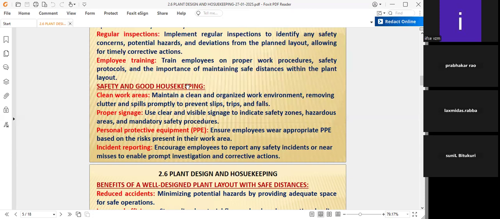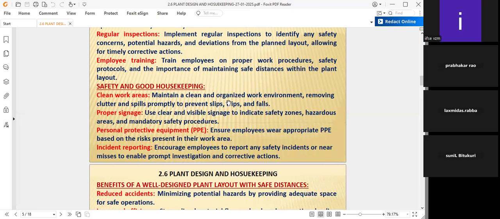Safety and good housekeeping. What is the link between good housekeeping and safety? Clean work areas, proper signages, personal protective equipment, and incident reporting. For clean work areas, maintain a clean and organized work environment, removing clutter and spills promptly to prevent slips, trips, and falls.